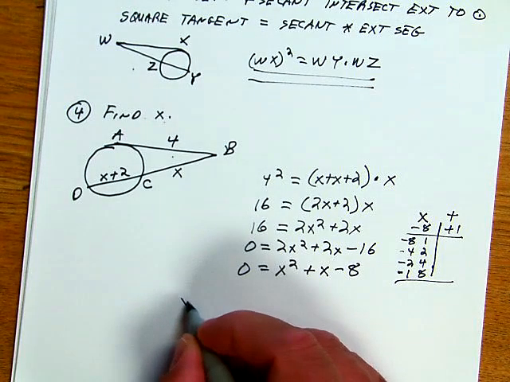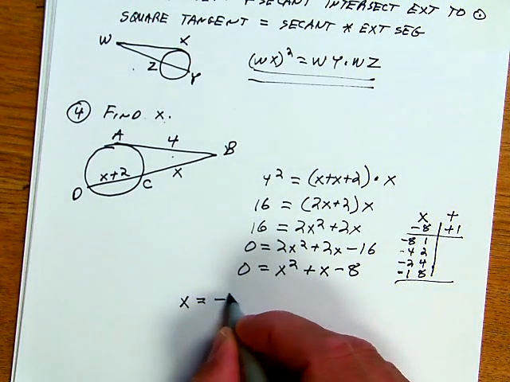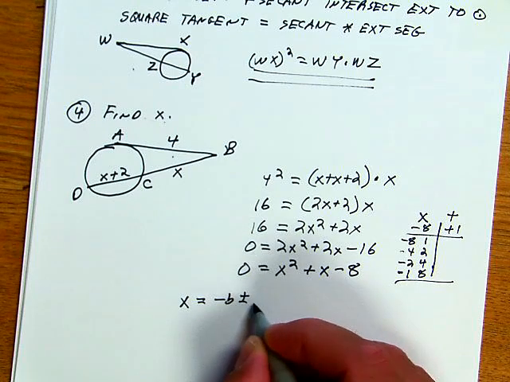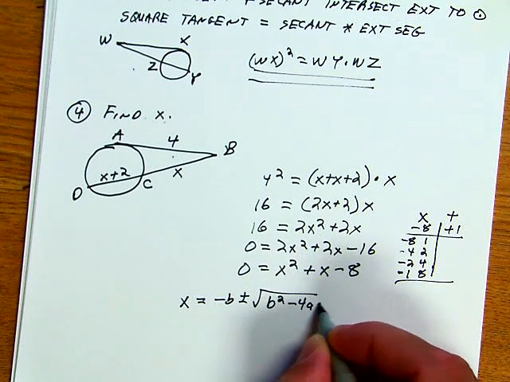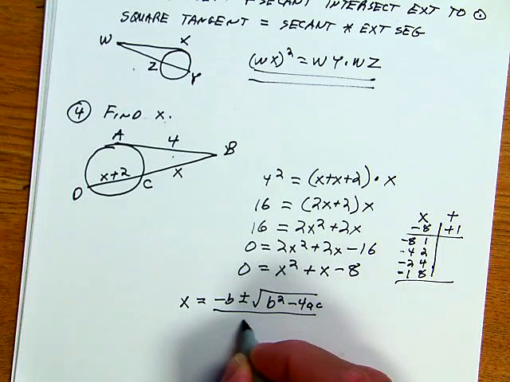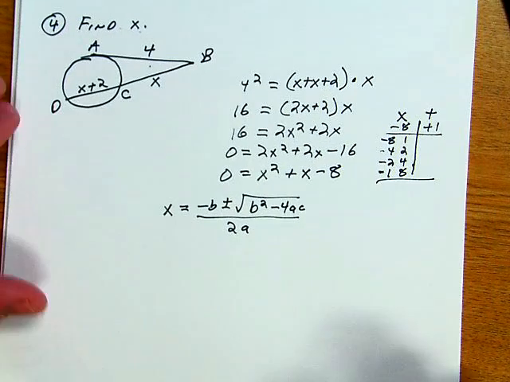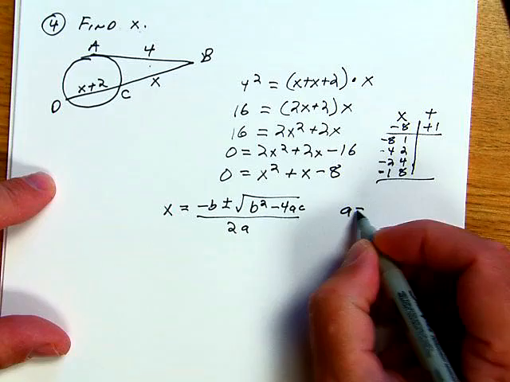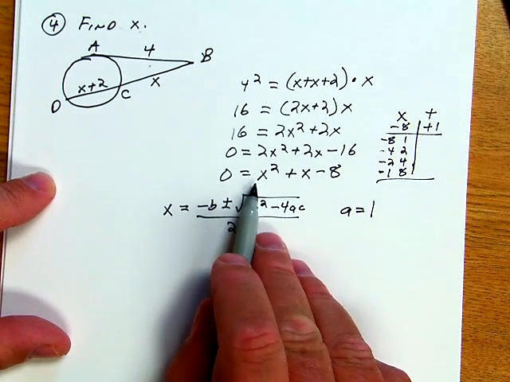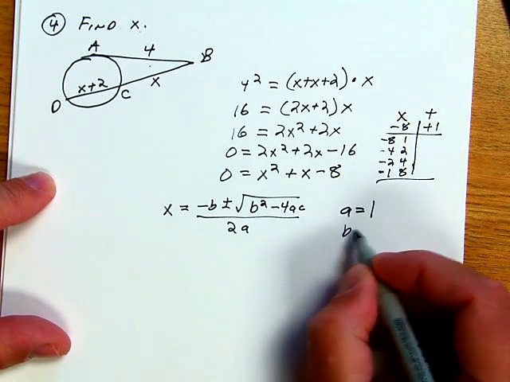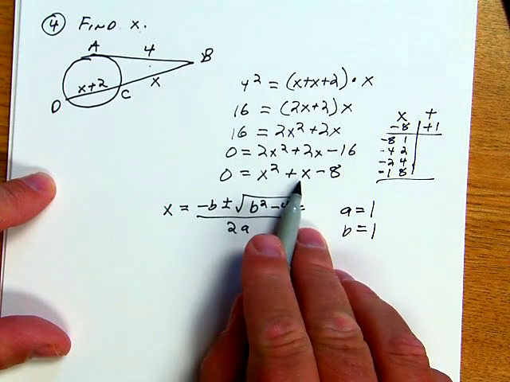If you remember that, it is x equals negative b plus or minus square root of b squared minus 4ac all over 2a. So all I have to do is substitute in. What is my a value in this equation? It is 1, the value in front of my squared term. B value in this equation is 1, the value in front of my x term.